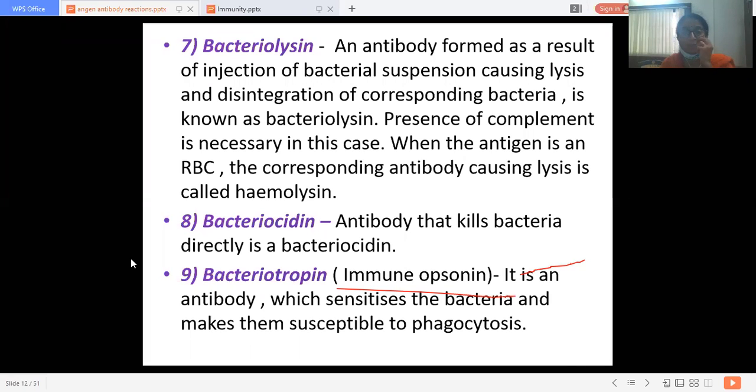In blocking of antibodies, they get blocked and sensitized and remain silent. But in bacteriotropsin, the sensitized antigen or bacteria get phagocytosed by the macrophage.